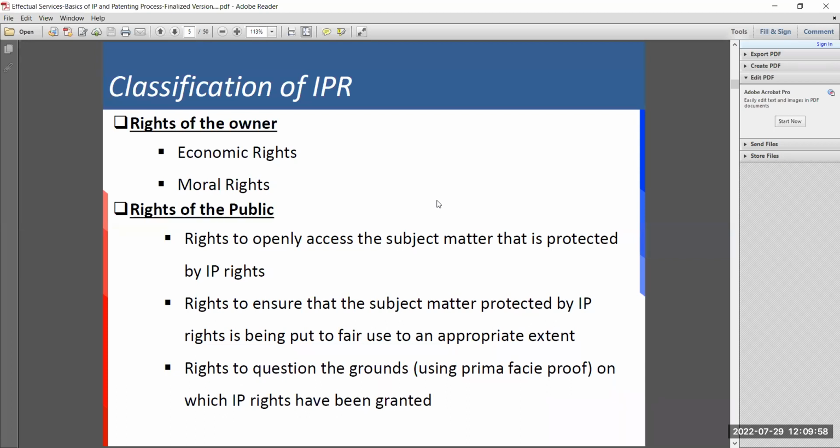So your IP is your asset, and you have to protect it in order to get the advantages of that. Moral rights means that it is your patent, and no one can take it without your permission. And definitely that technology belongs to you if it has been granted.